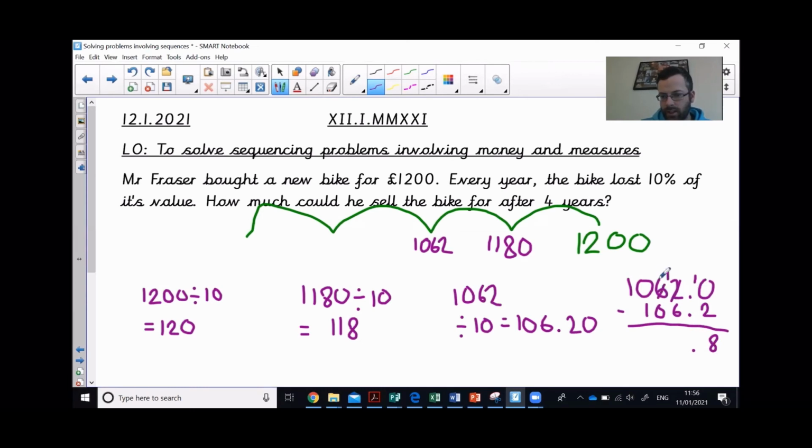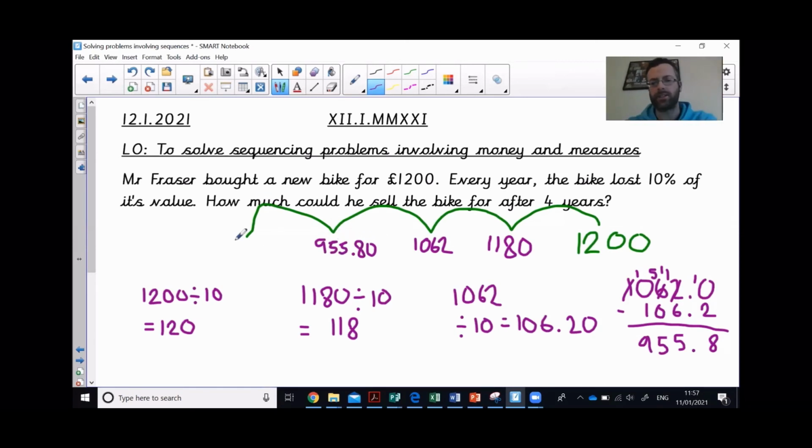I need to exchange again. 5 ones, 5 tens, need to exchange there, and 9 hundreds. So my answer here is £955 and 80 pence.